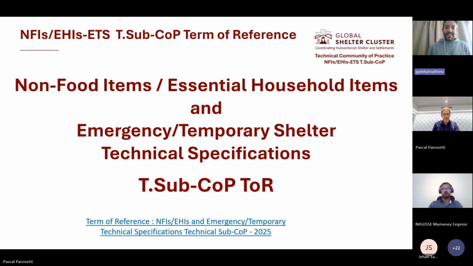Thank you, Pascal. My name is Mathieu Gamba, and I'm the chair of this particular group. I have control of the presentation, yes. And here are the members.